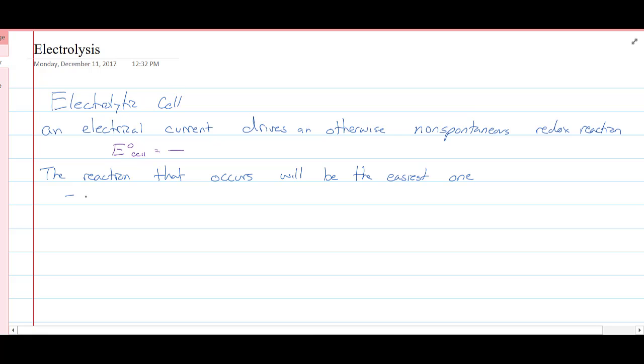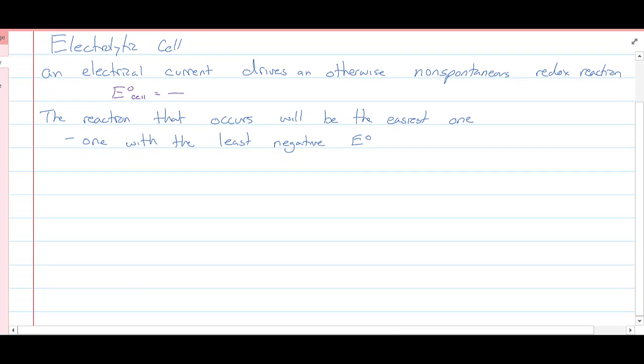And the easiest one is the one with the least negative standard cell potential. So it's kind of backwards from a voltaic cell.